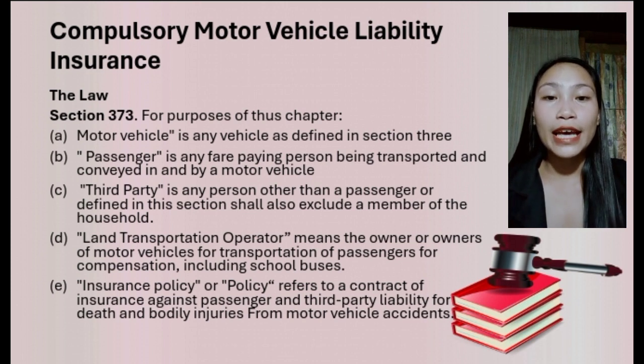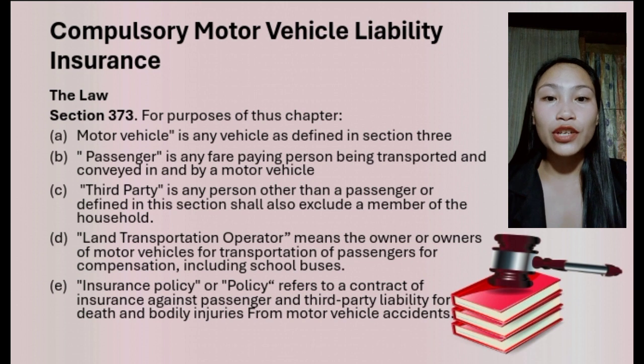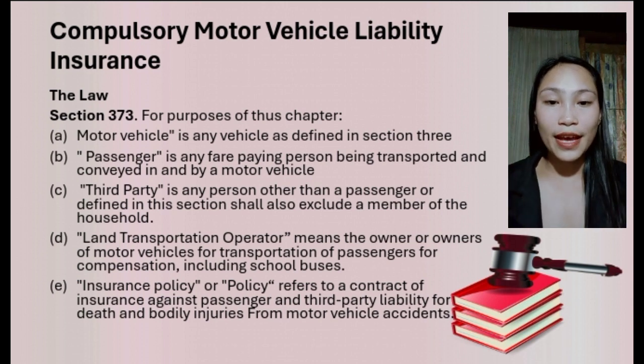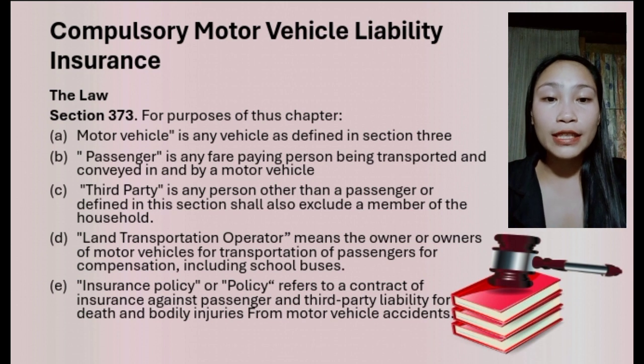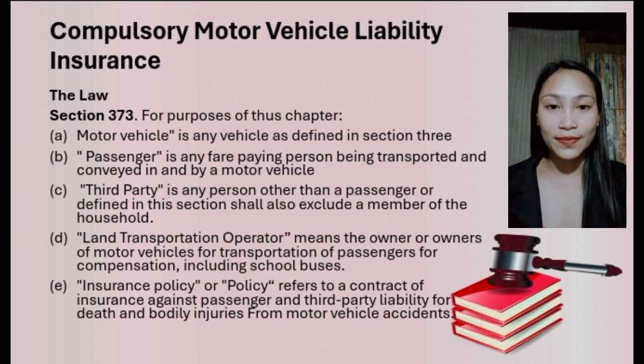Land transportation operator means the owner of motor vehicles for transportation of passengers for compensation, including school buses. Then the last is insurance policy, which refers to a contract of insurance against passenger and third party liability for death and bodily injuries from motor vehicle accidents.